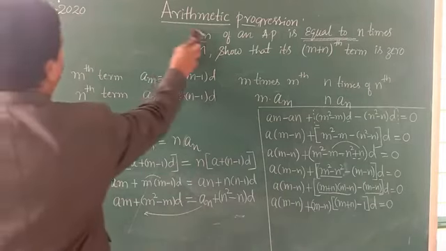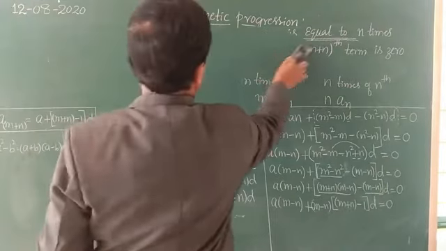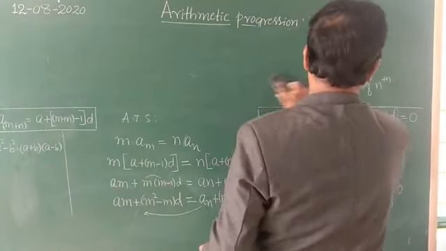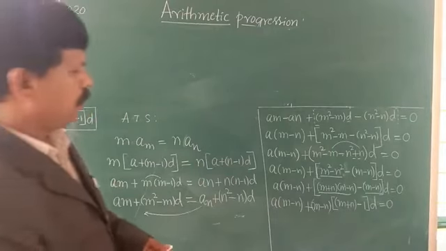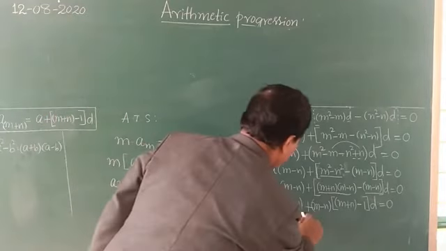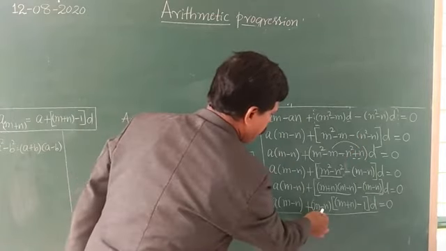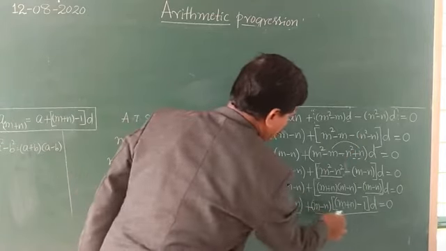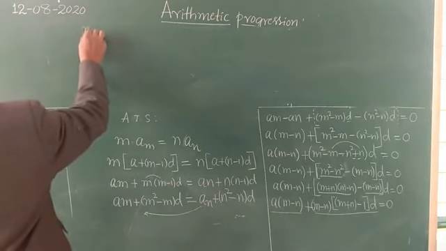Next, in these two terms, take m minus n common.